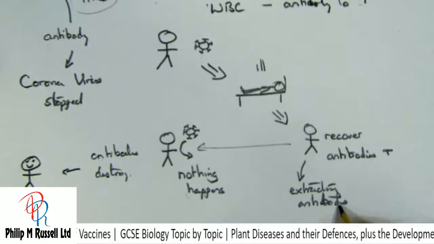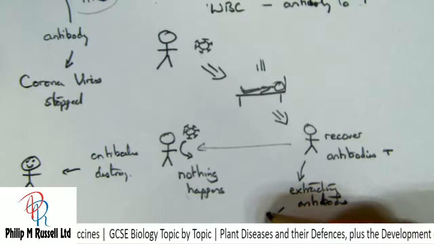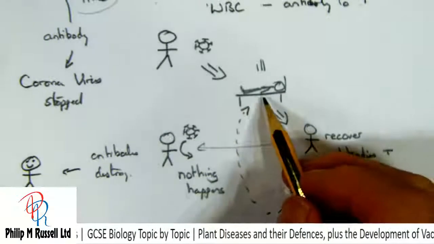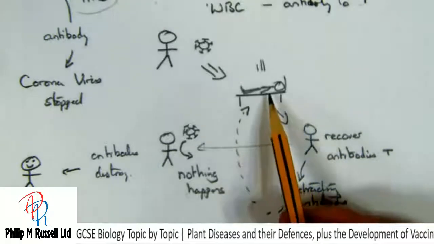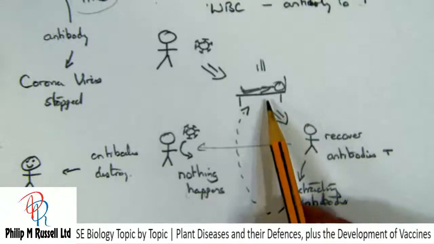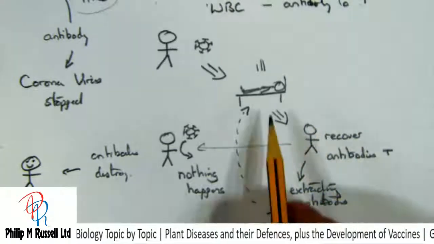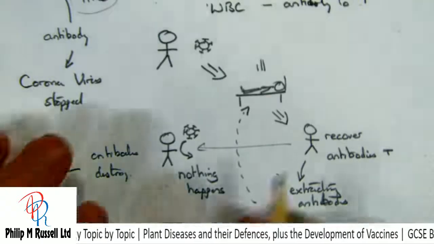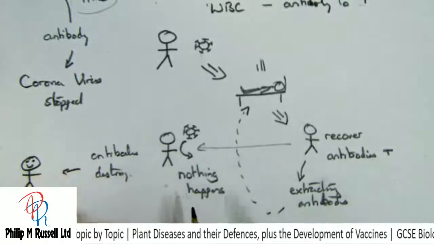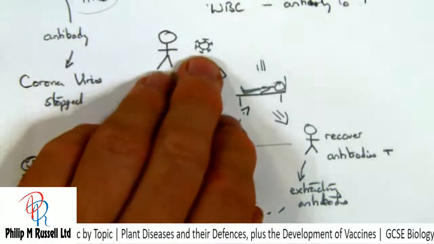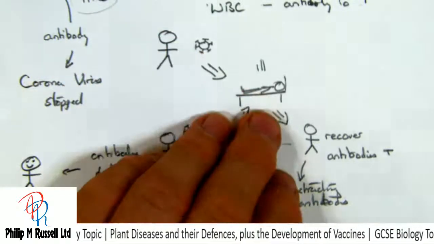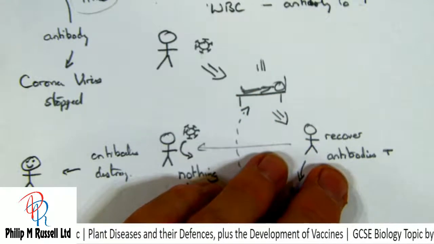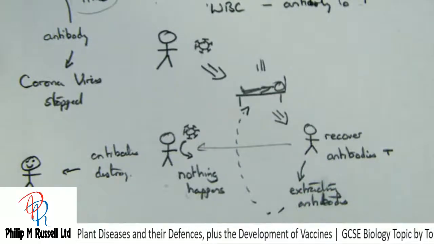So we take out those antibodies, and we could put them into someone who is ill, who perhaps hasn't made sufficient antibodies yet, and this will stimulate their body to start producing these antibodies. So this is a race. It's a race between, will the disease kill you first, or will you manage to produce enough antibodies to take out the disease and stop it?